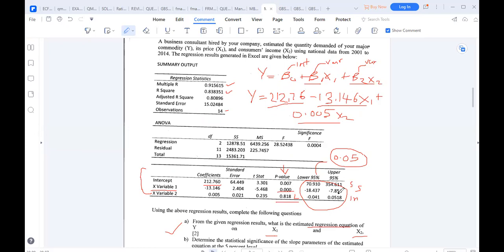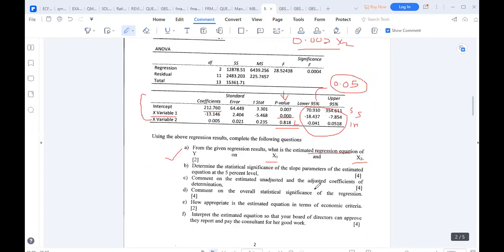If the signs are not the same, it is insignificant. So variable one is significant. Then for this variable, one is negative and the other is positive, so we can tell this is not significant. Are we together? Yes.